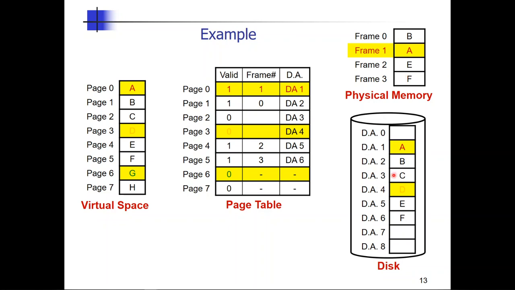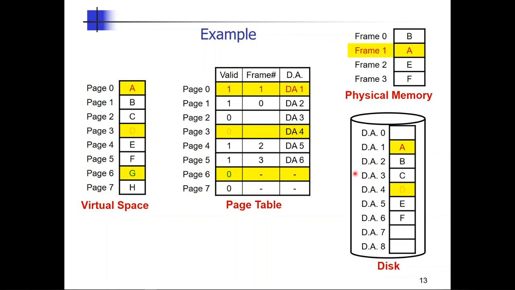As you can see, some of the information that is only on the hard disk is not present in the physical memory. So what happens if we try to access, say, page 3? When you try to access page 3, we look at the page table, and the page table says the valid bit is 0, and we do have a disk address, which is disk area 4.